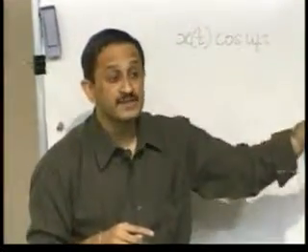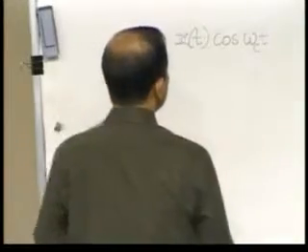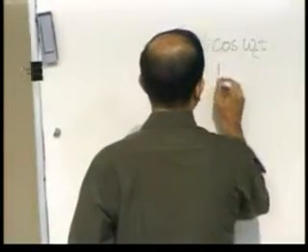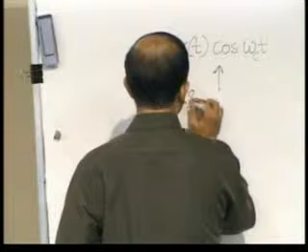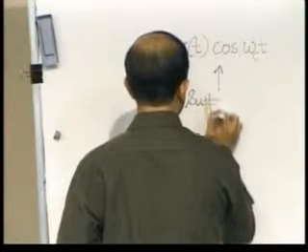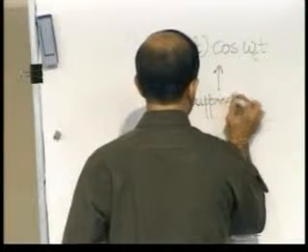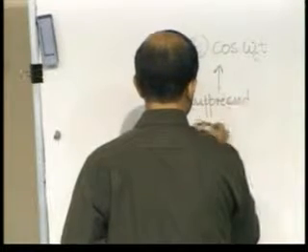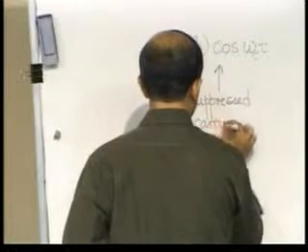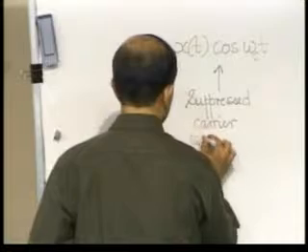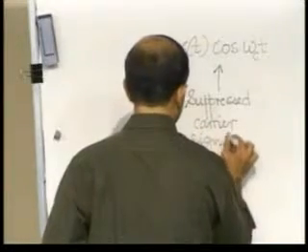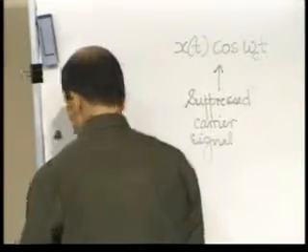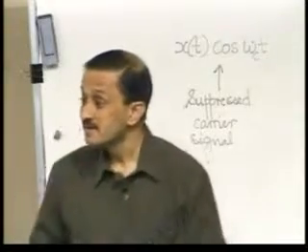It's called the suppressed carrier part of the modulated signal. Let's write it down: suppressed carrier. Can you please explain why it's called suppressed?